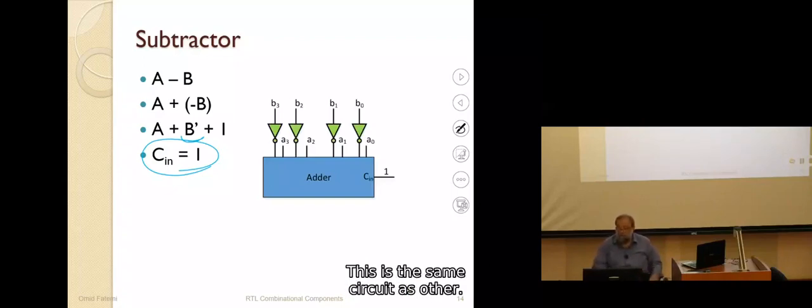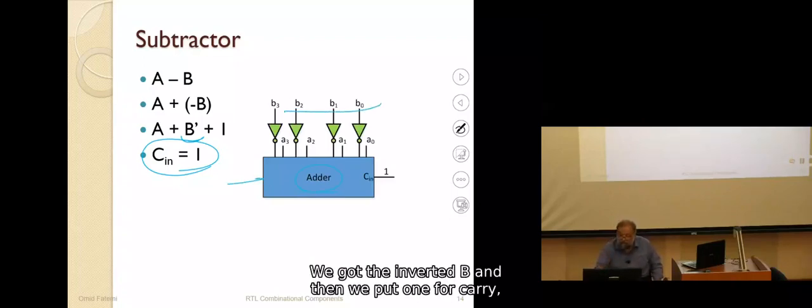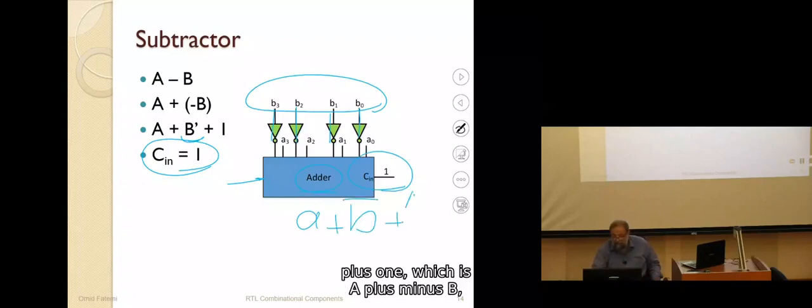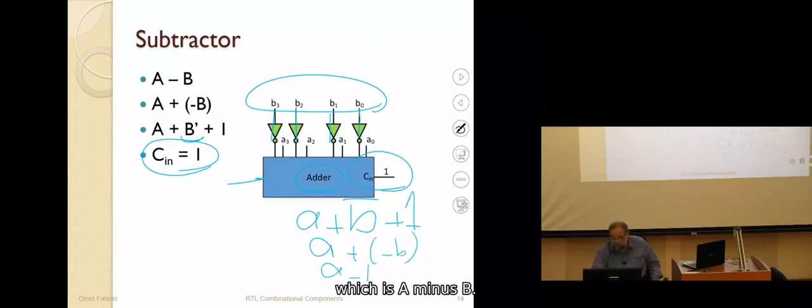You see, this is the same circuit as adder, but we inverted B, and then we put 1 for carry. So this is A plus B bar plus 1, which is A plus minus B, which is A minus B.